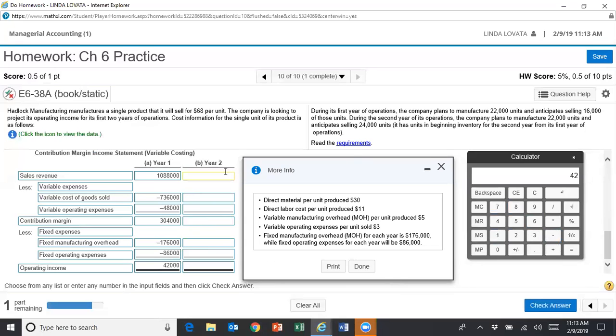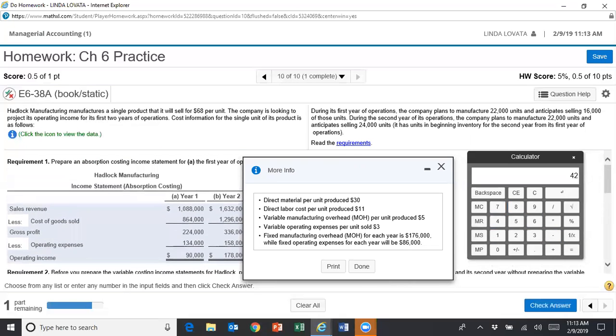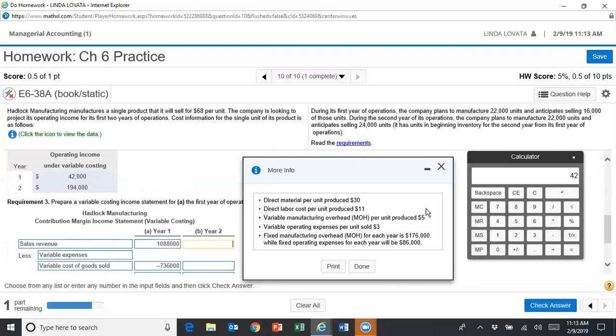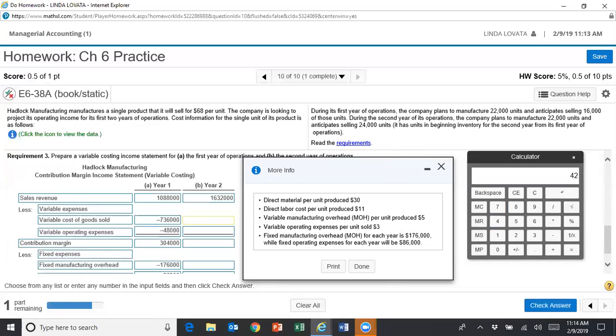All right. Then we do the same thing here. Again, I can just look at my sales, save myself a 1632. All right. Variable, now remember I'm doing 24,000, so make sure you take everything times 24.